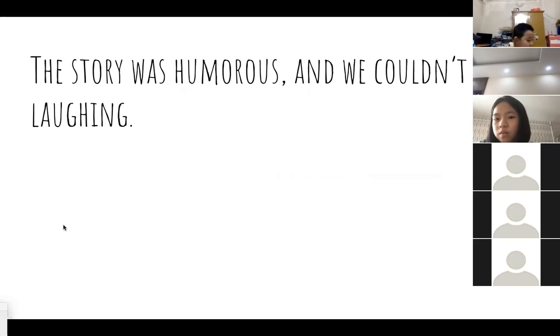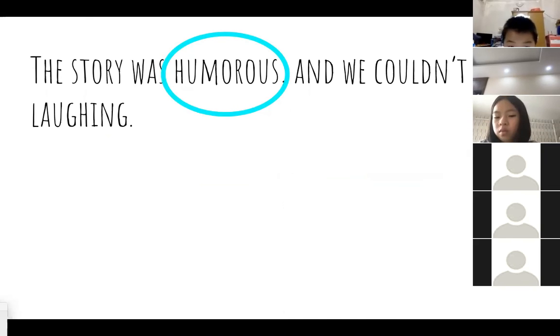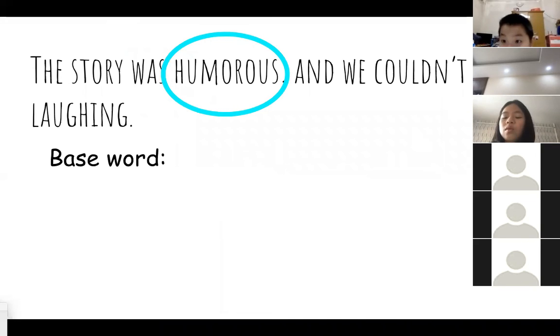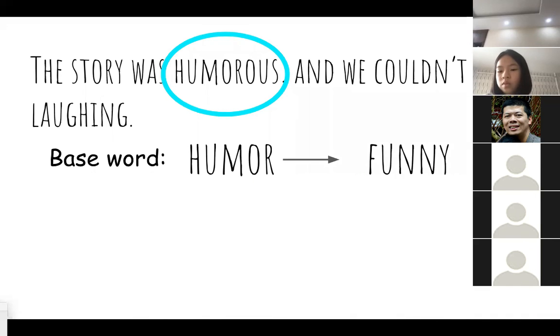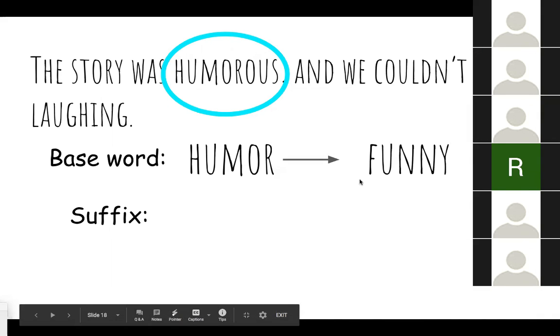Next one. The story was humorous and we couldn't stop laughing. Let's look at the word humorous. What is our base word in the word humorous, Hen? Humor. And humor means funny, something amusing or funny. What is our suffix in the word humorous? O-U-S.